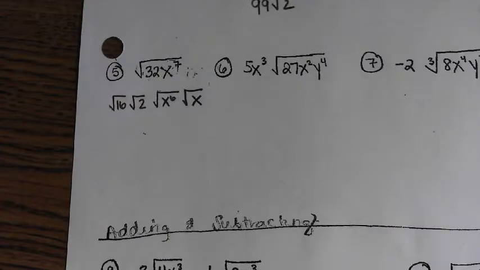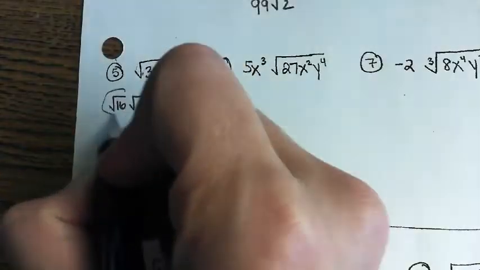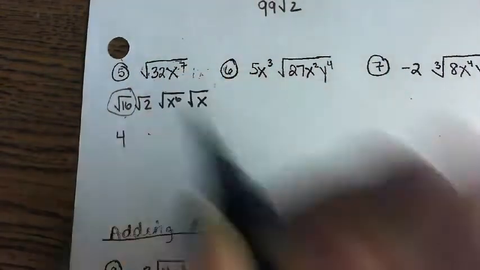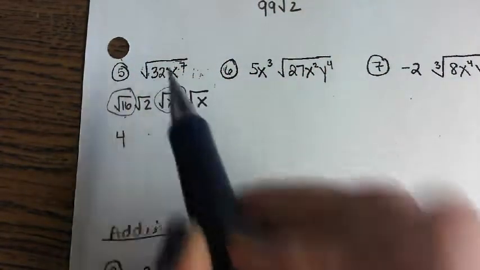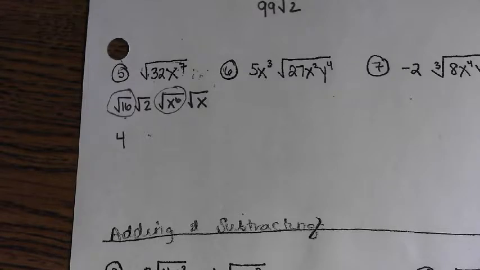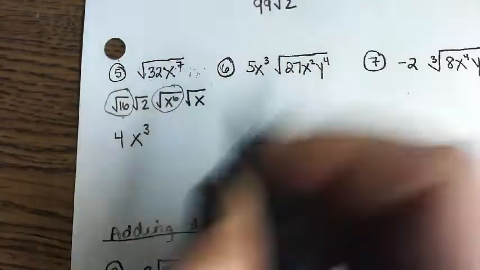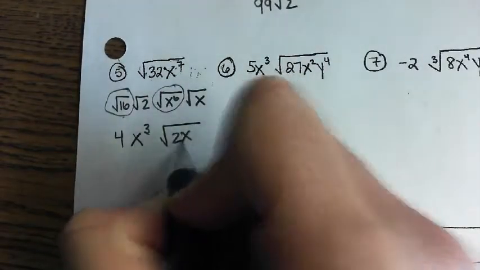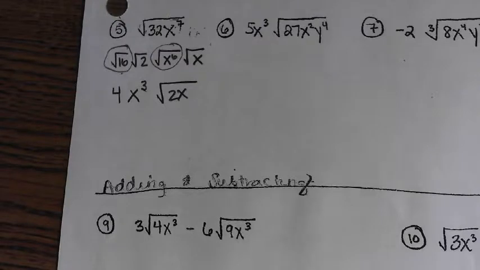Do we all agree that x to the 6th times x is an okay replacement for x to the 7th? So now this has a square root of 4. And the square root of x to the 6th is, how many times does 2 go into 6? 3. So that's just x to the 3rd. And then the root 2x, the 2 and the x are just sort of still locked up. Does that make sense? Okay?